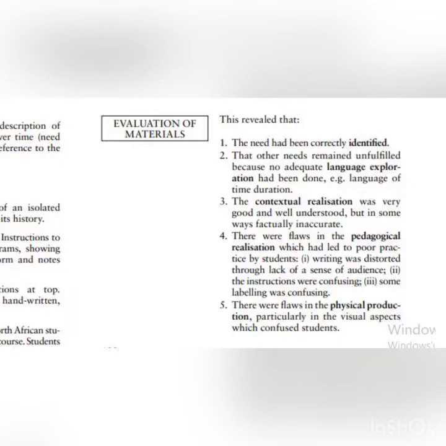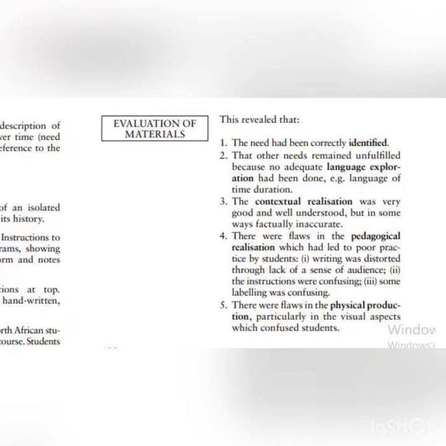According to the third evaluation, the contextual realization was very good and well understood, but in some ways factually inaccurate. In the fourth part of the evaluation, it is said there were flaws in the pedagogical realization which had led to poor practice by students.